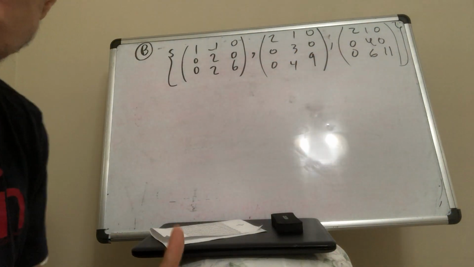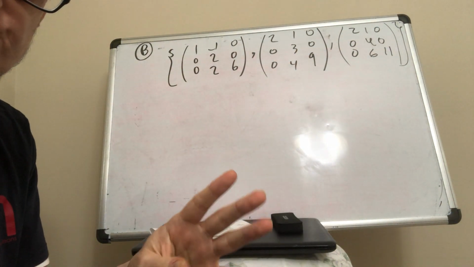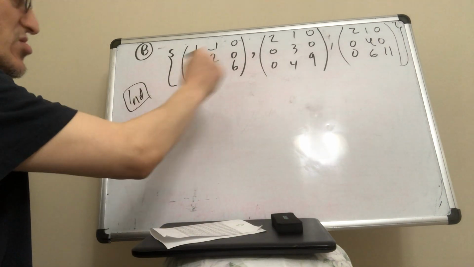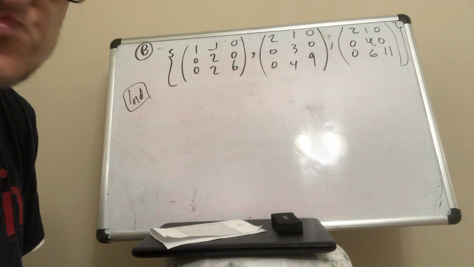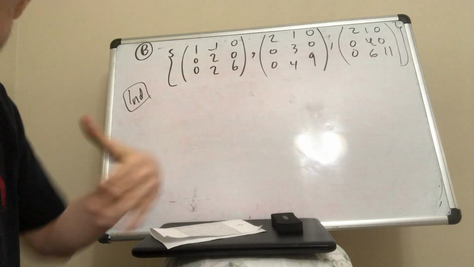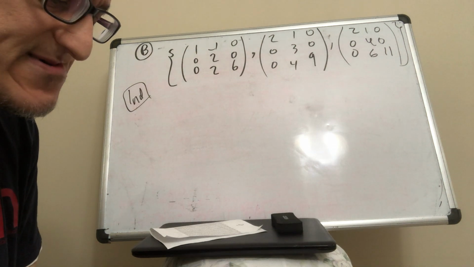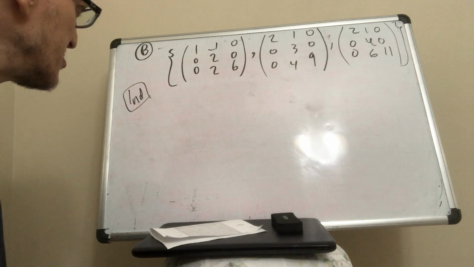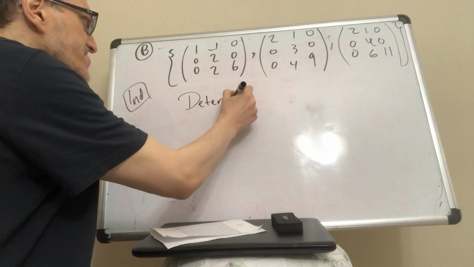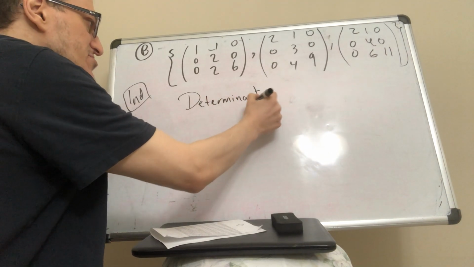It was in the question you had 4. And are they independent? Like all 4 of them independent? So you think, well, do we really have to reduce this to see if they're independent? No, this is an introduction into a concept called finding the determinant.